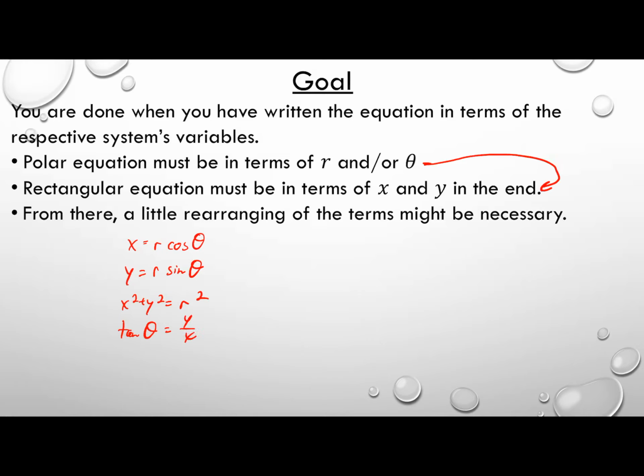So those were the main formulas that we talked about, the 4 formulas that we've been using in order to convert points, but now we're going to use these formulas to convert equations. And recall, we derived each of these formulas by using a right triangle to determine the relationship between the x's, y's, r's, and thetas.